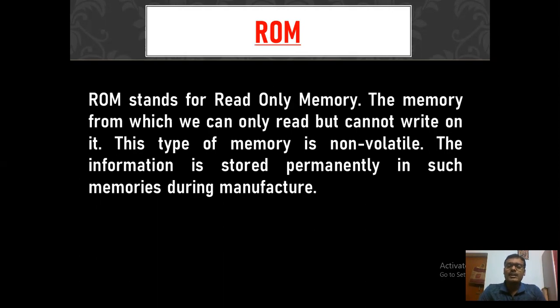So this type of memory is non-volatile. RAM is a volatile memory, but ROM is not a volatile memory. The information is stored permanently in such memory during manufacturing. Okay, so at the time of manufacturing, the ROM IC is there and some software has been built inside the ROM, like your mouse enabling, disabling, BIOS setup.